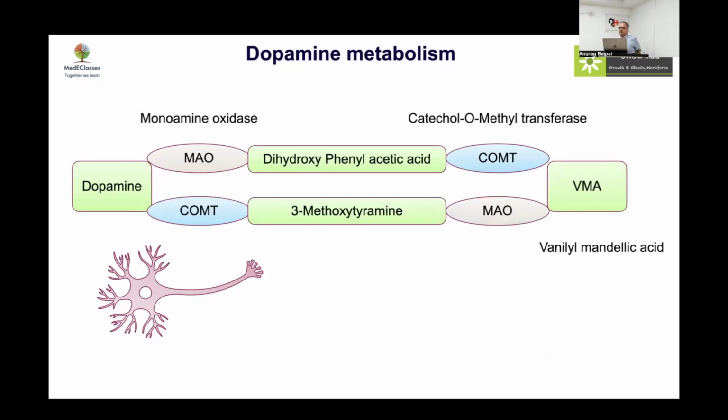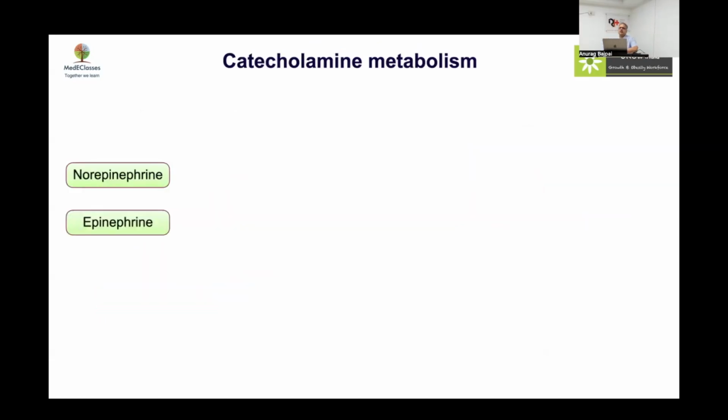But now we have better tests which are more sensitive and specific to identify this excess. Very importantly, people use 3-methoxytyramine as a marker of dopaminergic excess. So if you have high 3-methoxytyramine, you have to start thinking of dopamine.